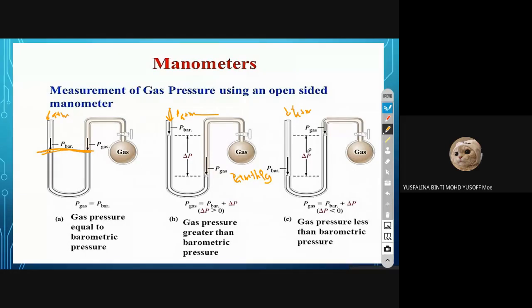For this one, you can see the atmospheric pressure is pushing the gas. So this time the atmospheric pressure is higher than the pressure of the gas. So how do you find the P gas?